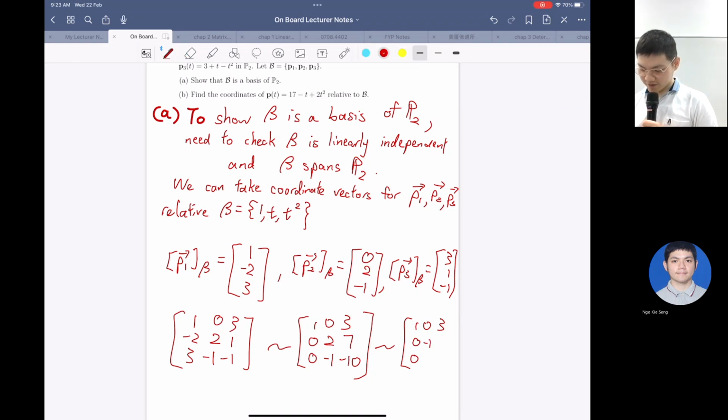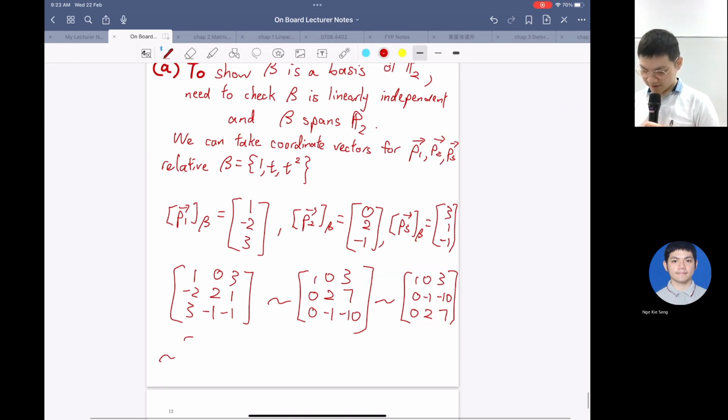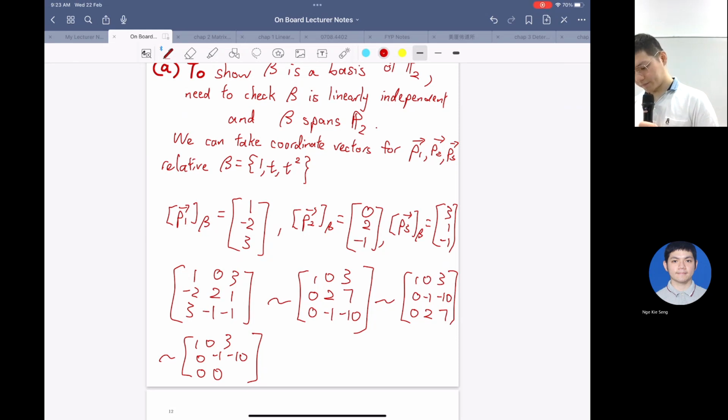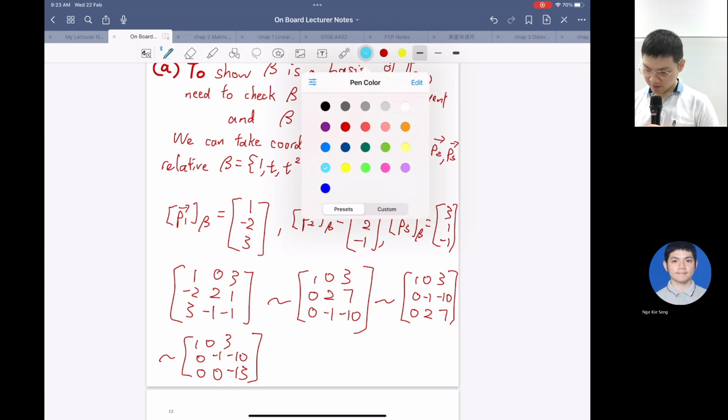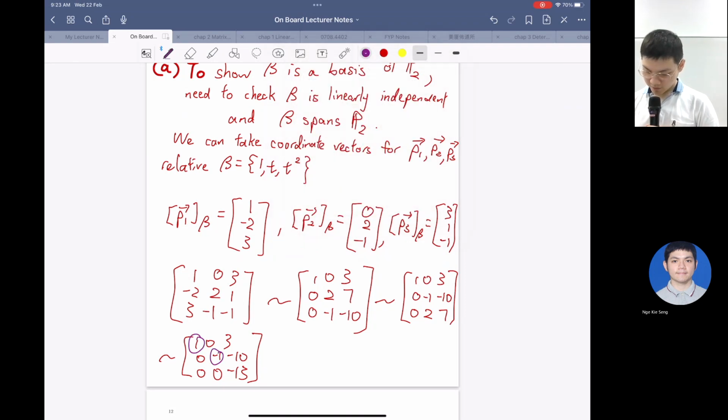Okay, I follow you. And minus 17. So you can see that we have a pivot in each of the 3 columns, 1, 2, 3.